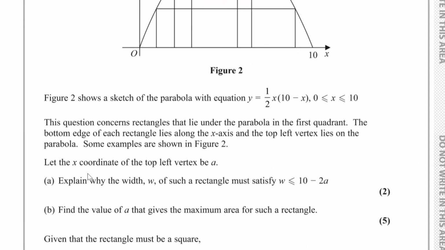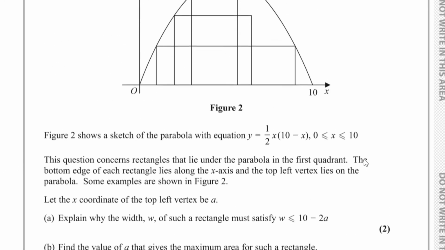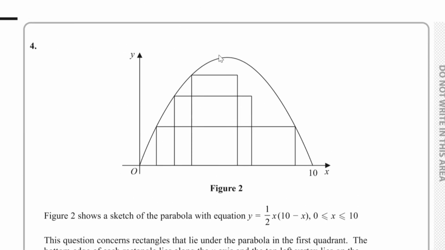Now, if we let the x-coordinate of the top left vertex be a, we have to explain why the width w of such a rectangle must satisfy w is less than or equal to 10 minus 2a. Well, first of all, the parabola is symmetrical about the line x equals 5. So that's what we see here.